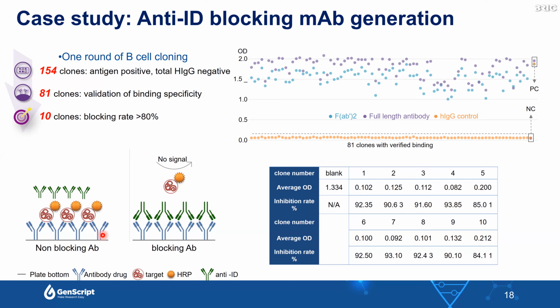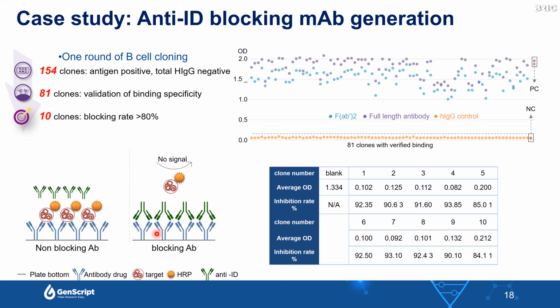At this time, the target can bind to the antibody drug, and the signal is very high. When it is a blocking sample, after the blocking anti-idiotypic antibody is added, the target will not be able to bind to the coated antibody drug, so it will be washed away during the washing step, and part or all of the signal cannot be detected.